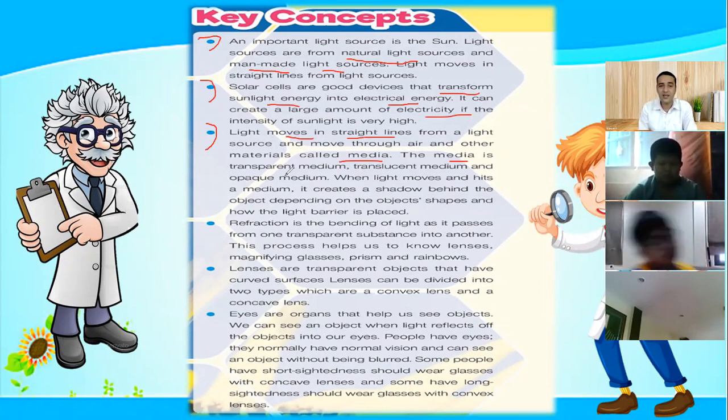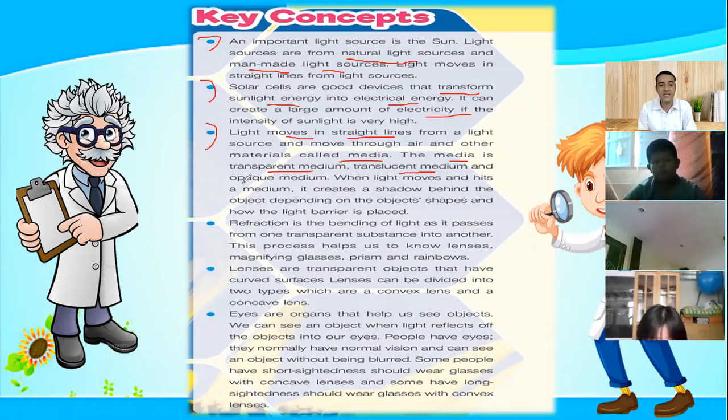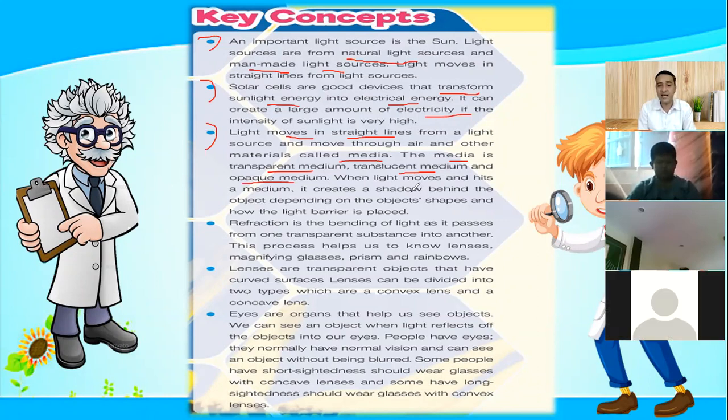These are the three different mediums. When light moves and hits a medium, it creates a shadow behind the object, depending on the object's shape and how the light barrier is placed.